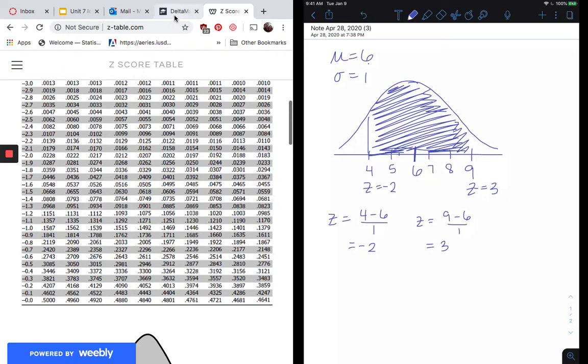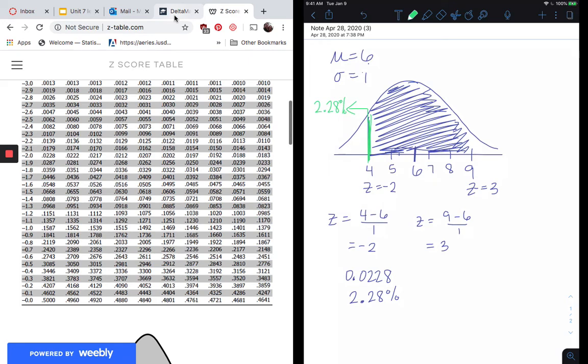I'm going to write that down. 0.0228. And what that actually means, I'm going to change it to a percent because I think that's a little easier to understand what this represents. That is the area to the left of 4. Everything this way is 2.28%.